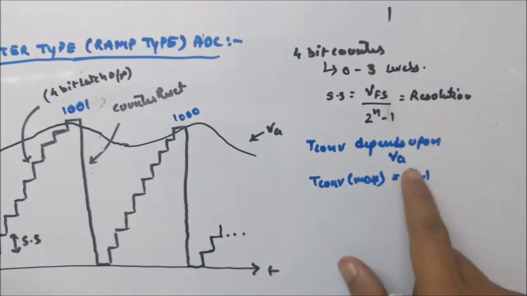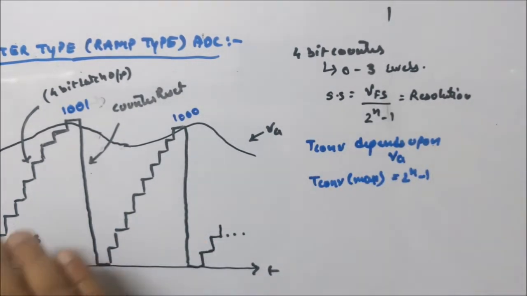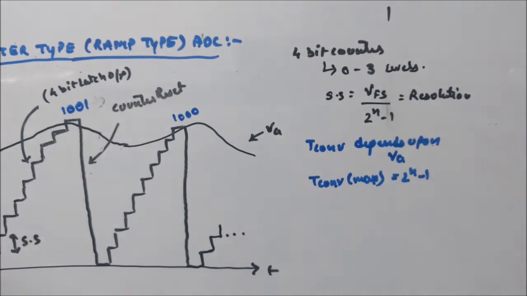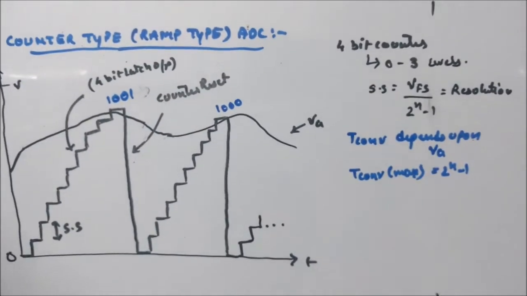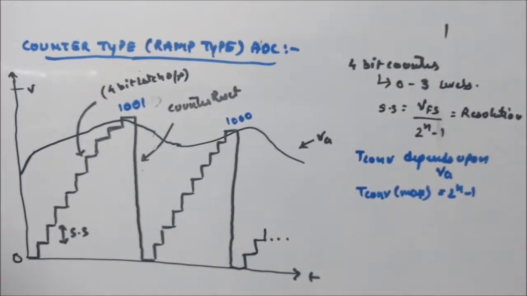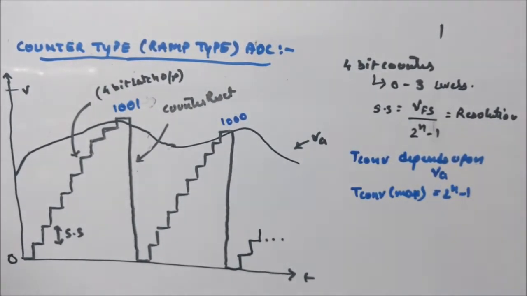Then there is something called T conversion, the conversion time it will take. It is actually dependent upon the analog voltage.